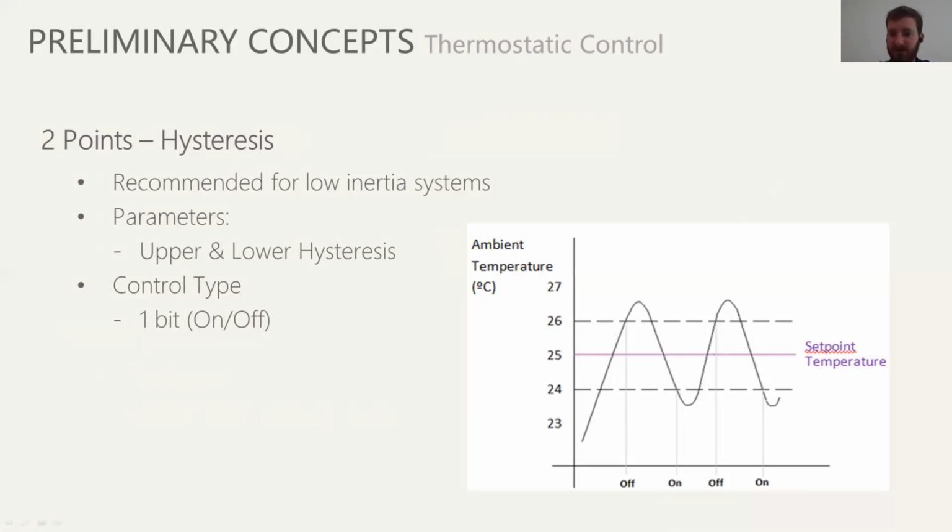The parameters to be defined in 2 points with hysteresis are just an upper and a lower hysteresis. You can see in the example in the graph here, this would be a system where we are trying to heat a room and achieve 25 degrees. So 25 would be the set point temperature. Say we start from 22 degrees and want to heat the room.